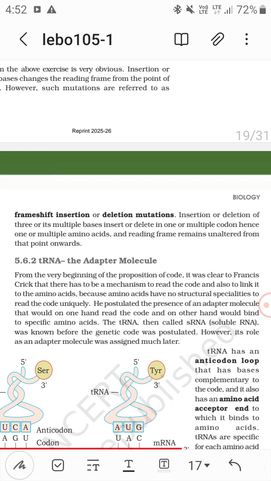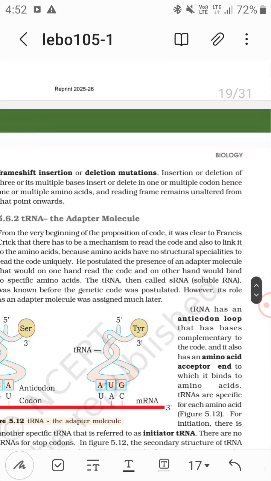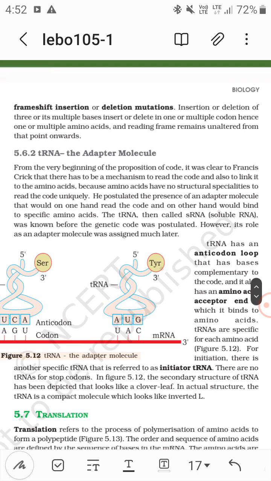So it's like three bases: if you delete them, the reading frame remains the same.